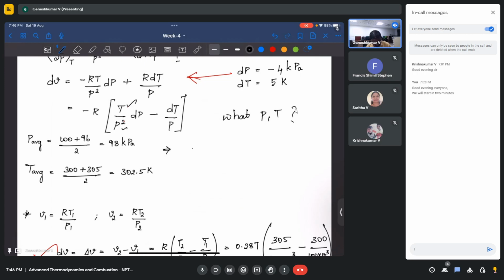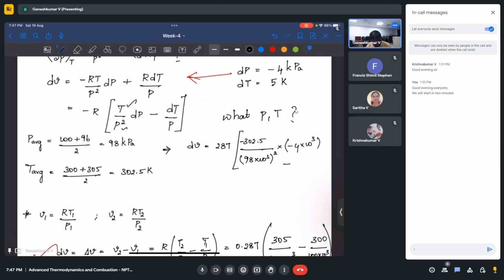And let's say if you substitute here now, let's take the minus sign inside for convenience, and now we find T average, which is 302.5 divided by 98 kilopascals 10 power 3 whole square into minus 4 kilopascal 10 power 3. If you take minus inside, there should be a minus here.